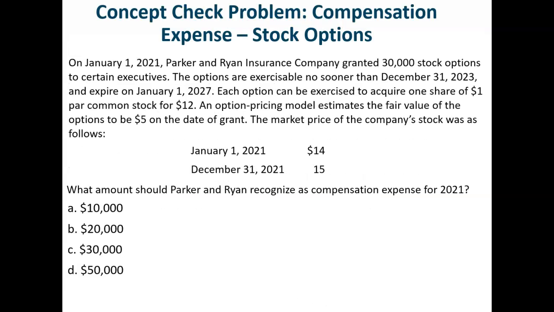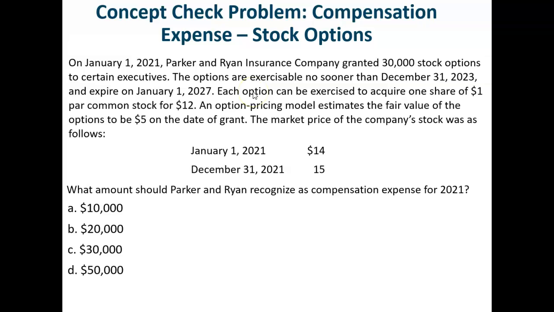Let's work a concept check problem. On January 1st, 2021, Parker and Ryan Insurance Company granted 30,000 stock options to certain executives. The options are exercisable no sooner than December 31st, 2023, and expire on January 1st, 2027.